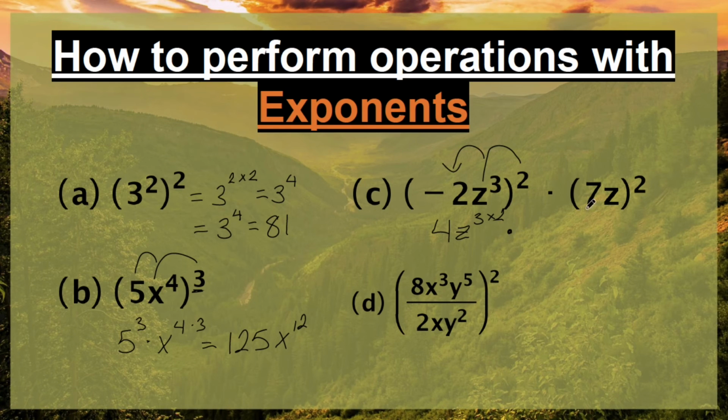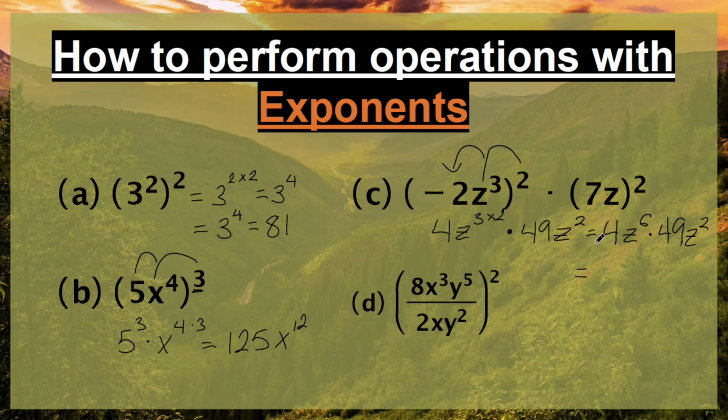Times 7 squared is 49. Z squared is z squared. We will simplify before we multiply. 4z to the 6 times 49z squared.